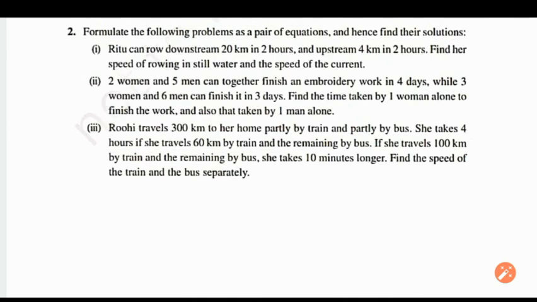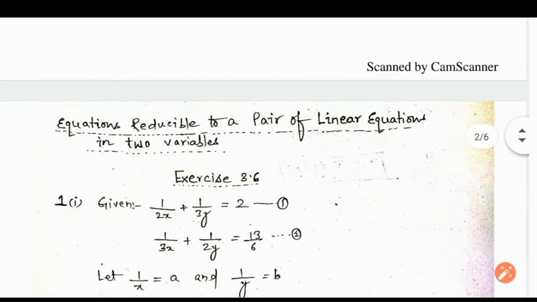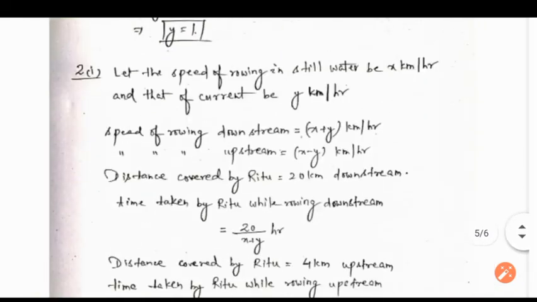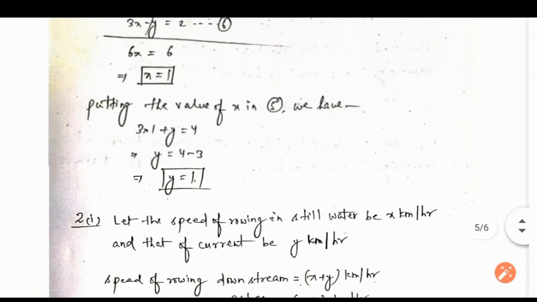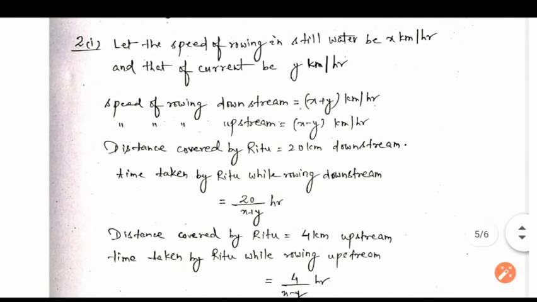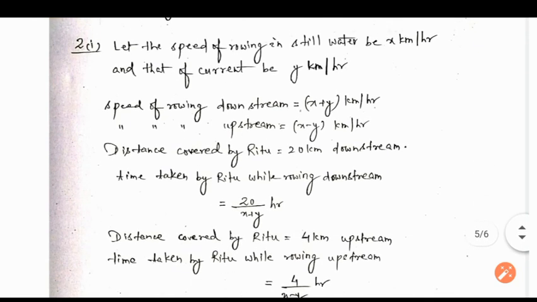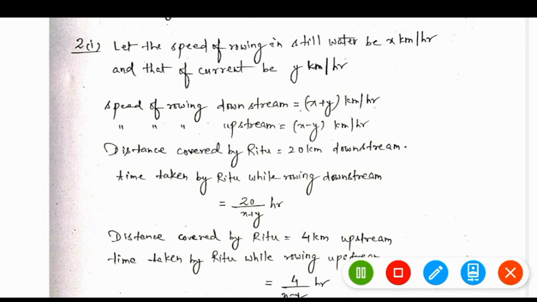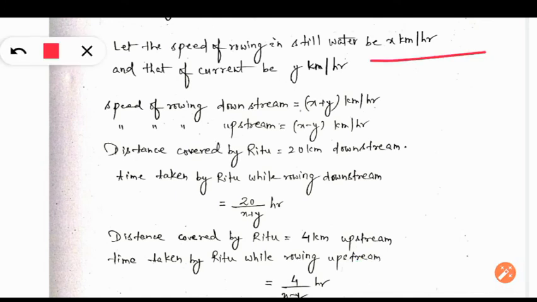So let the speed of the rowing in still water be x kilometer per hour and the speed of the current be y kilometer per hour. Now let's see. Here we have the solution. So let the speed of rowing in still water be x kilometer per hour and that of current be y kilometer per hour.